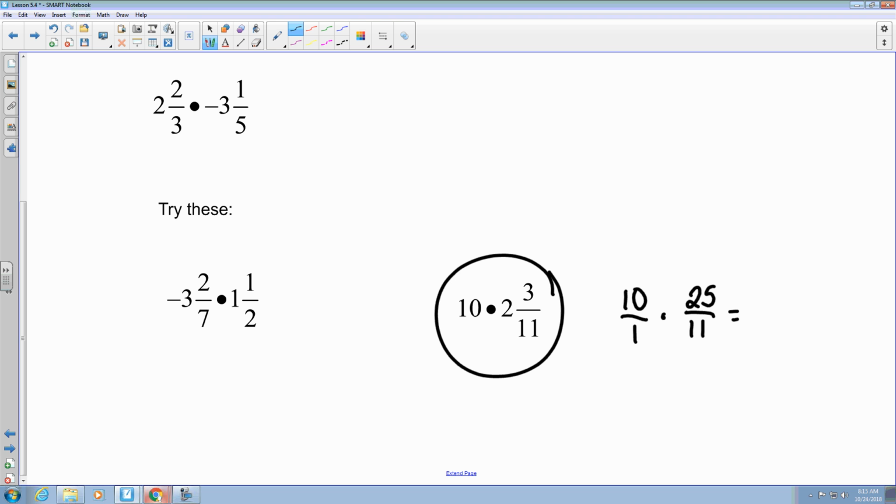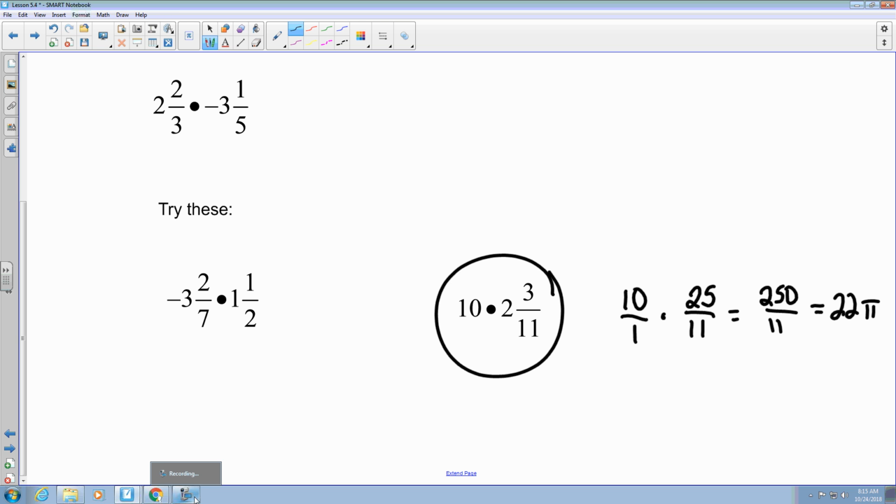Okay, looking at this, 10 and 11, no, 25 and 1, 25 and 11, no. So there's nothing I can reduce. So this will turn into 250 in the numerator and 11 in the denominator. Okay. If I want to rewrite it as a mixed number, I will then say that 250 divided by 11 goes in there 22 times.